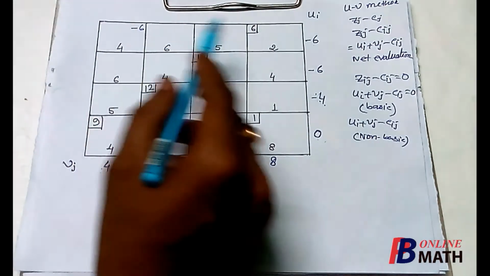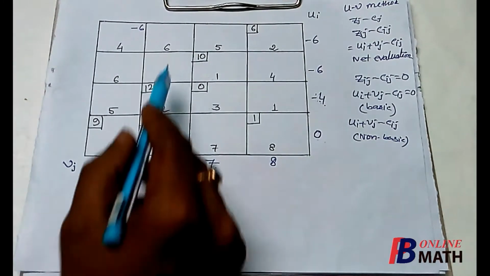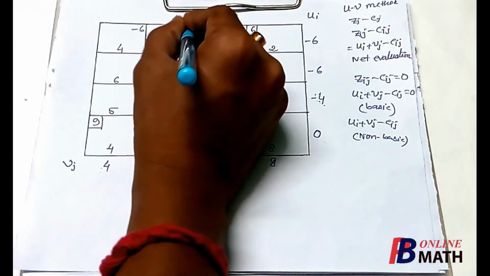Next, for this cell it is ui plus vj minus cij, which is again minus 6.